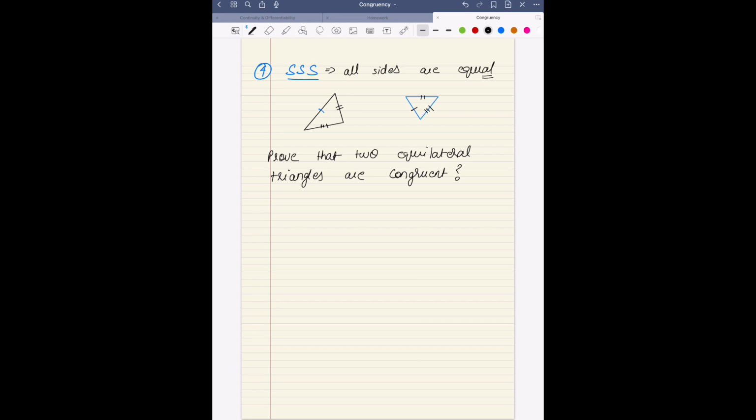Now let's have a look at these two triangles. Let's say these are equilateral, A, B, C, and D, E, F. Very simple. You still need to write it though. Even if it's pretty visible that all three sides are equal, you still need to write it. So we'll write AC is equal to DF, you can just say given.